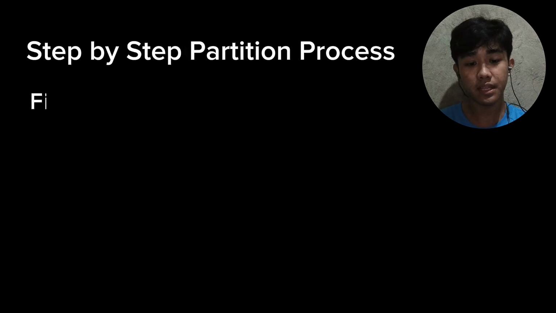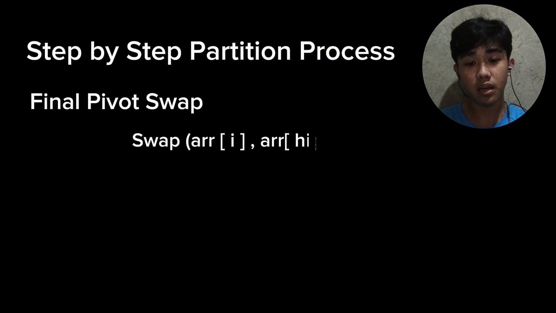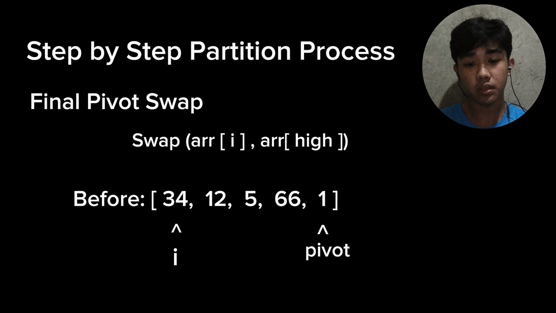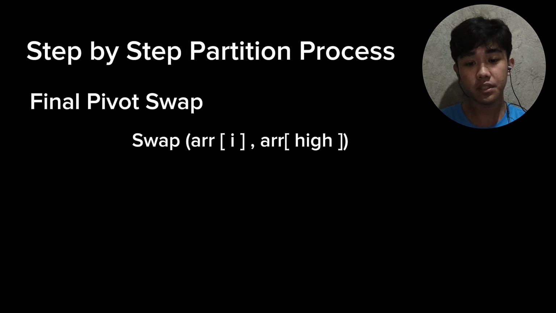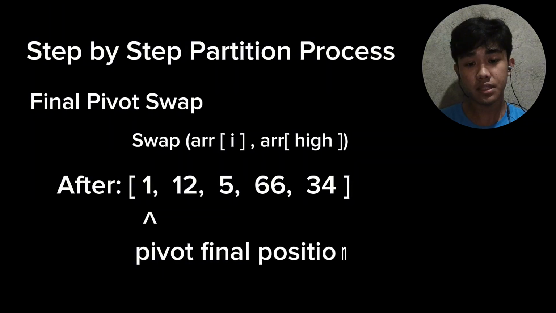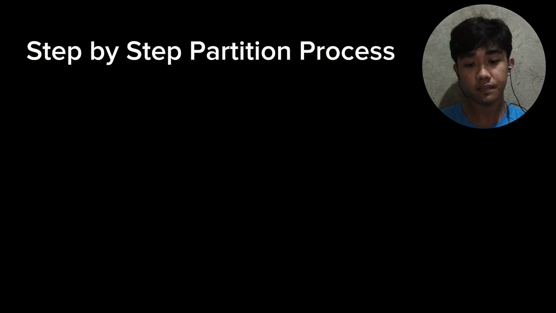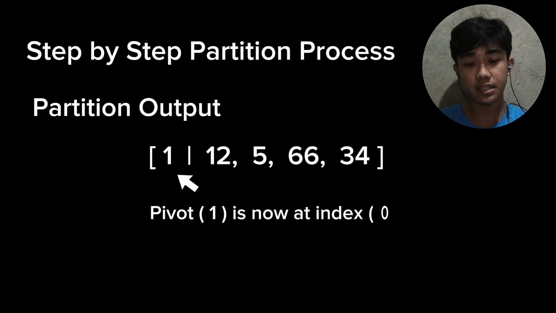After the loop, the final pivot swap. We now place the pivot in its correct sorted position by swapping A[i] and A[high]. Before, we have 34, 12, 5, 66, and 1. After the swap, the pivot is now in its final position. The partition output will be: the pivot 1 is now at index 0.